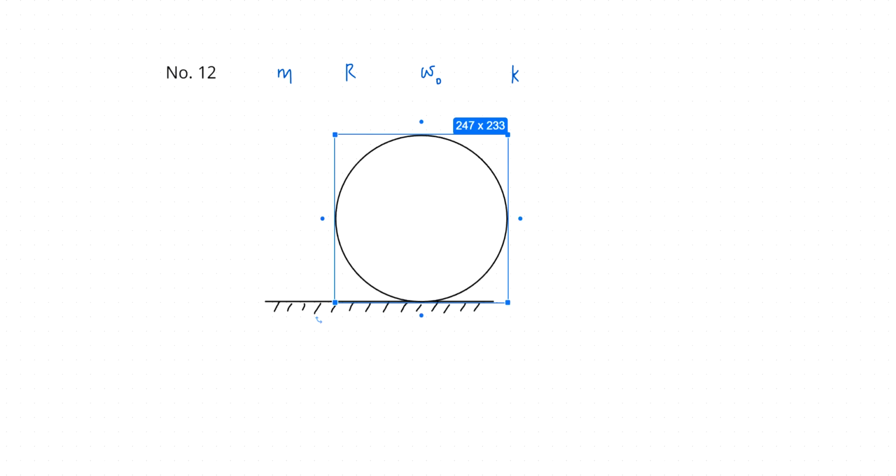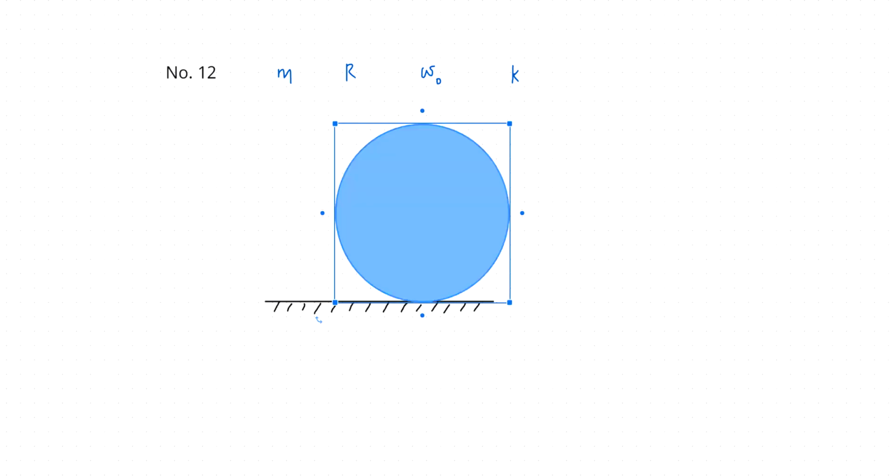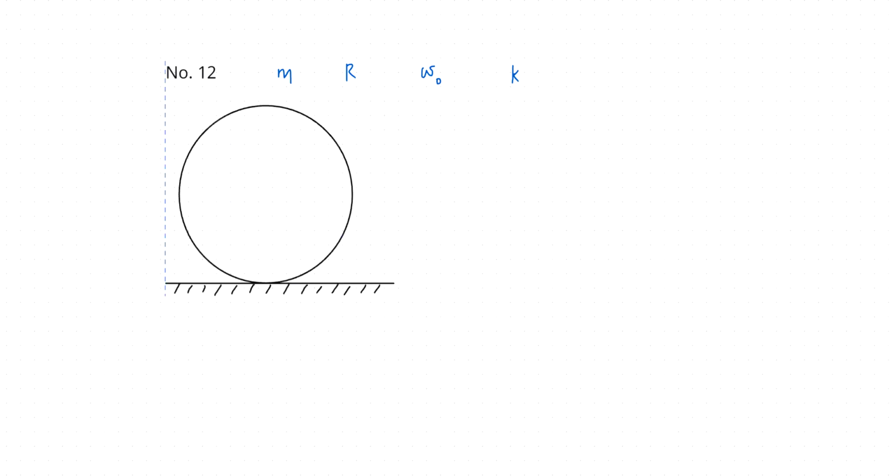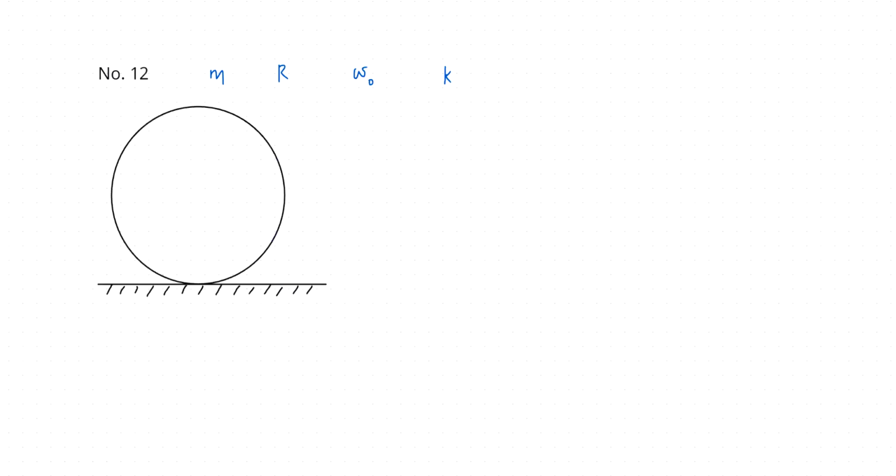This is a horizontal plane, and a cylinder on this plane. The cylinder rotates like this.